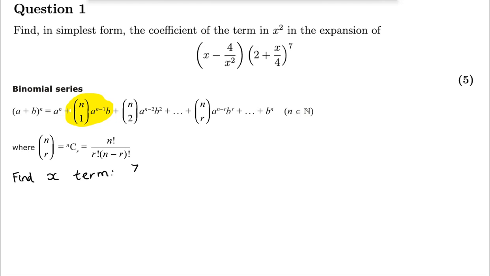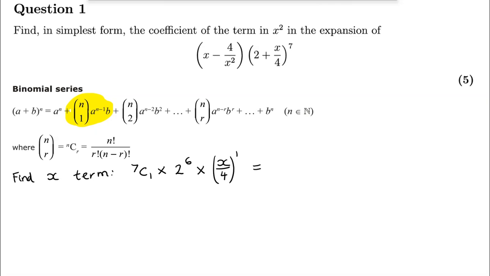So I'm going to do 7 choose 1. And then you've got this a to the power of n minus 1. So this would be 2 to the power of 6. n is 7 here because the power of this bracket is 7. And then times that by x over 4 to the power of 1.